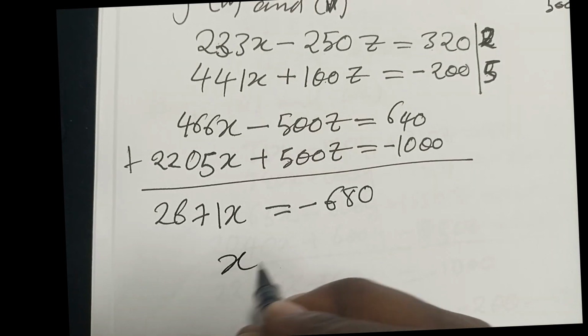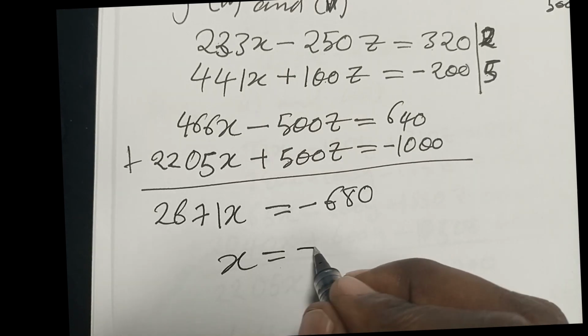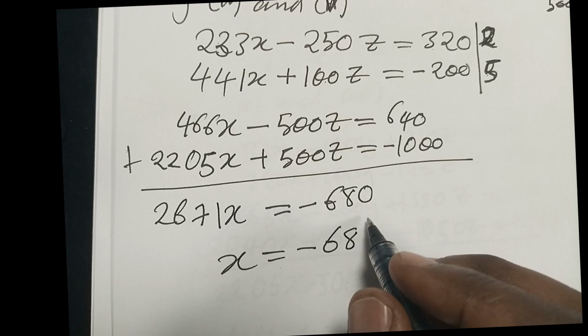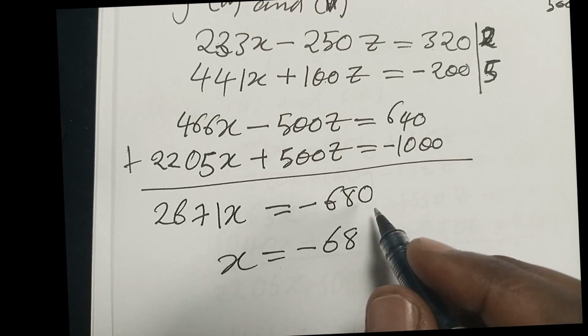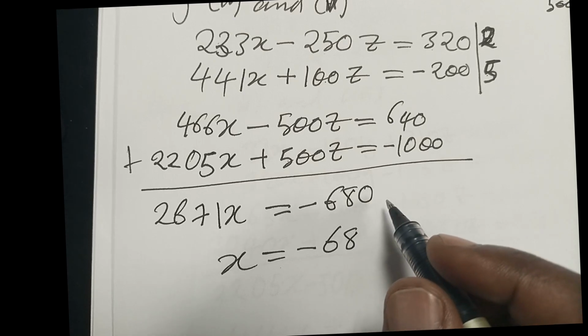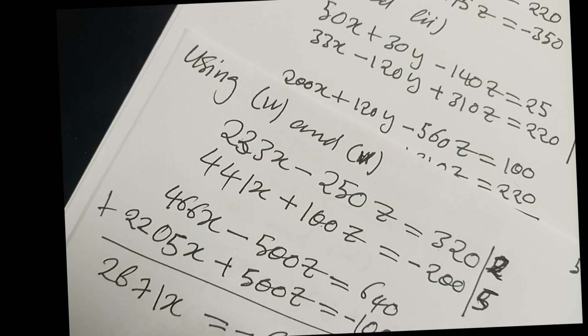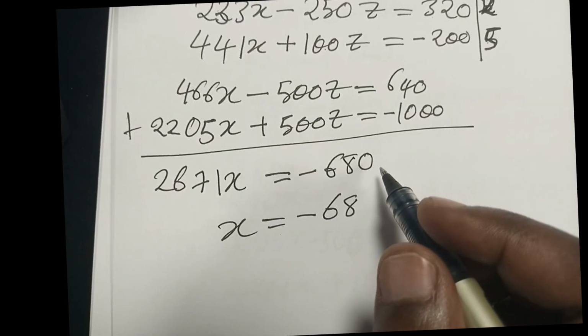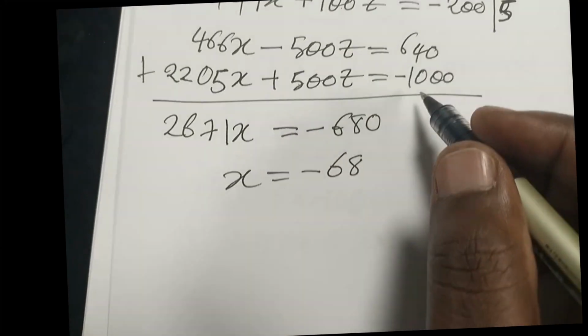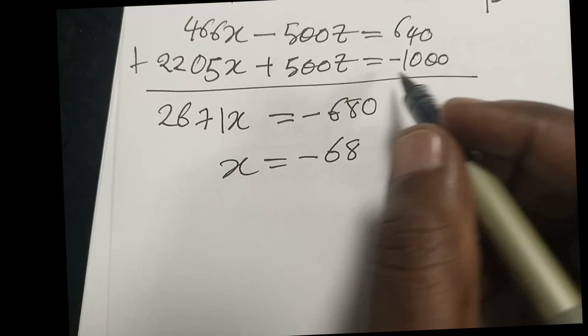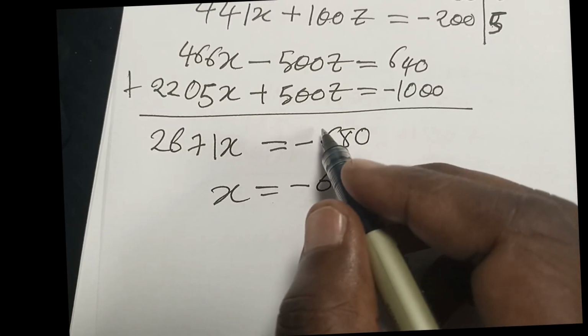Okay, so your x will be just negative 68, negative 6, not negative 680, I made a mistake here. The difference here should be 3.